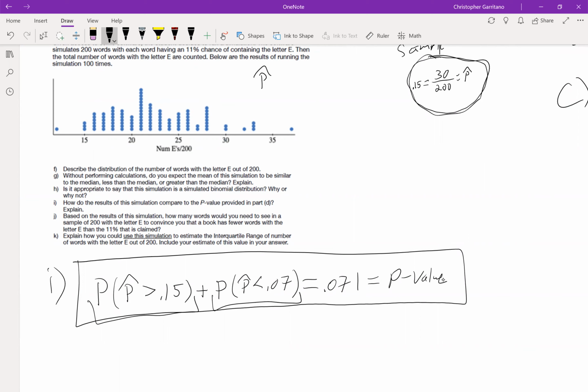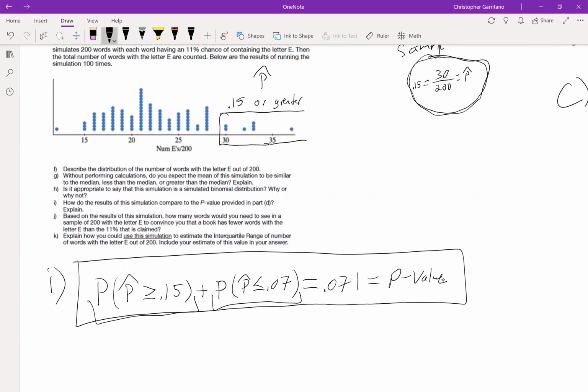So the probability that p hat is greater than 0.15. Well, 0.15 corresponds to 30 out of 200. So we want to know what's the probability of getting greater than, it's actually technically greater than or equal to, 0.15 or greater.